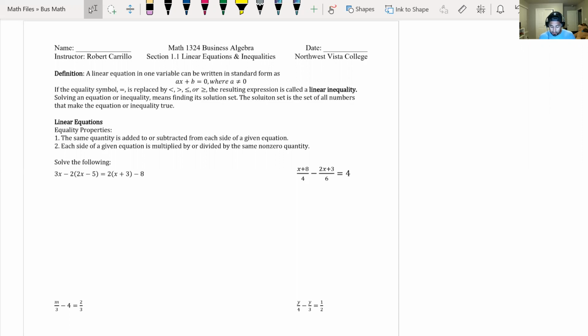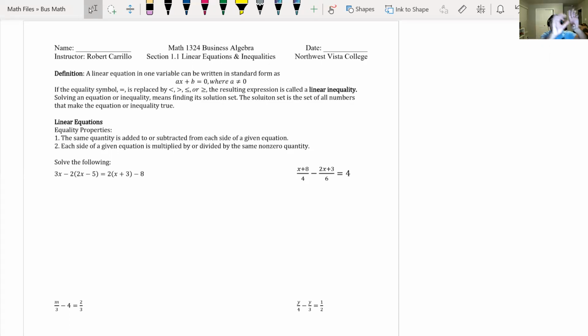Our first 4 examples are solving linear equations, and some properties really fast, some things you may have forgotten: when you solve an equation and you add something, you add it to both sides. Or if you subtract something, you subtract that quantity from both sides.